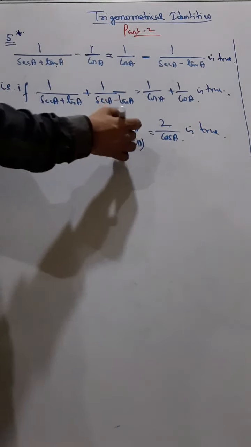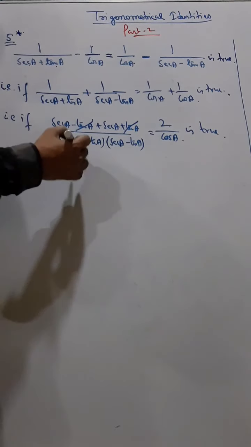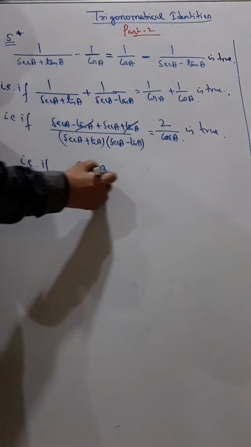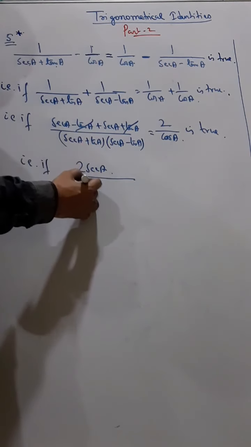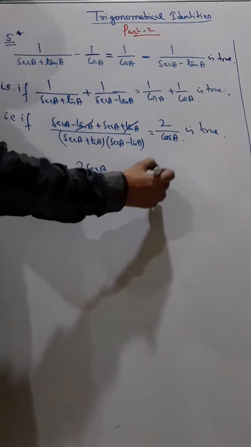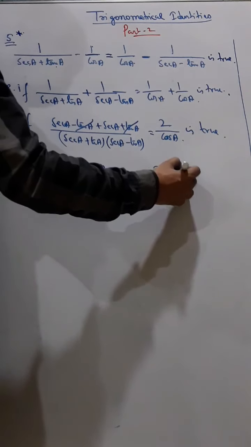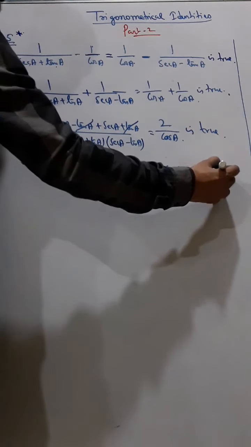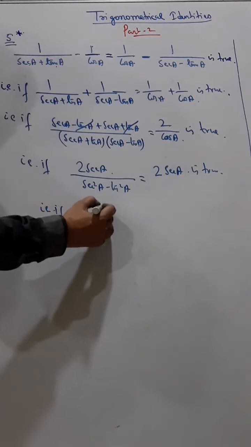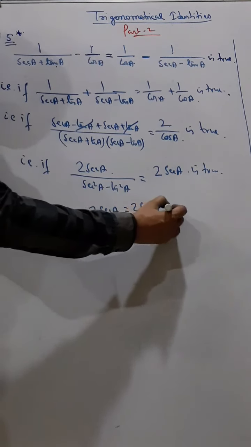And now if you can see tan and tan get cancelled, so I can say again that if sec a plus sec a, what we get? 2 sec a, and what we get here? Sec square a minus tan square a is equal to, now 2 by cos a means 2 sec a is true, and finally we can say that 2 sec a is equal to 2 sec a is true.